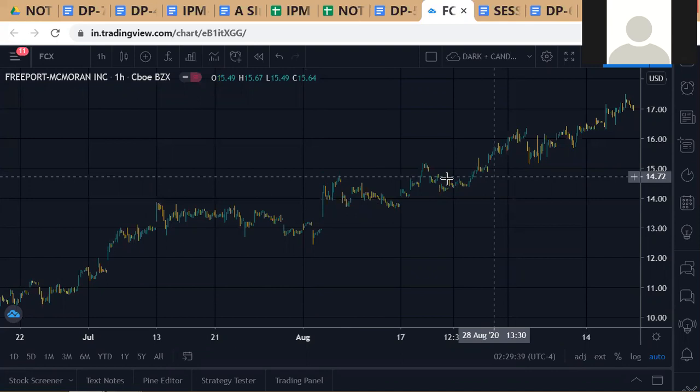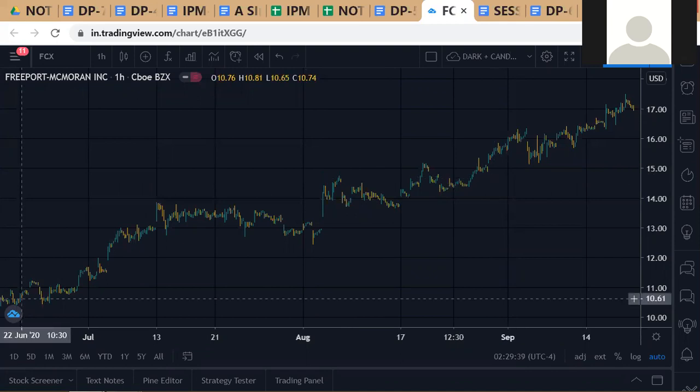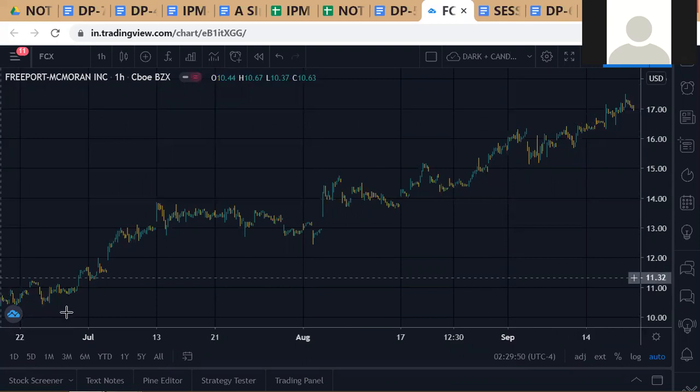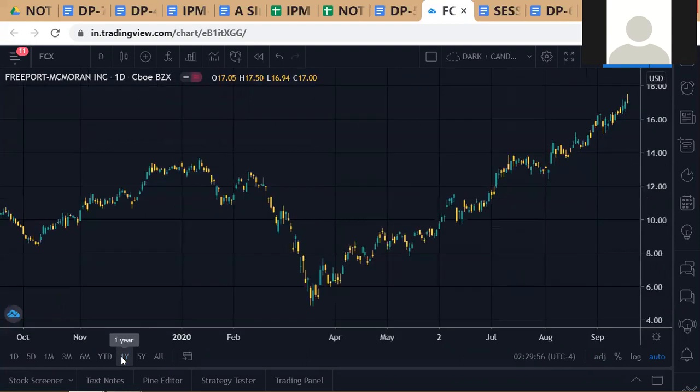The uptrend is intact, which leads me to have a buying bias. But now I have to check the long-term trend to make sure that I'm not going against the long-term trend, which is the other part of the rule. I check the long-term trend. Long-term trend is also up and is also intact. So I can now proceed.